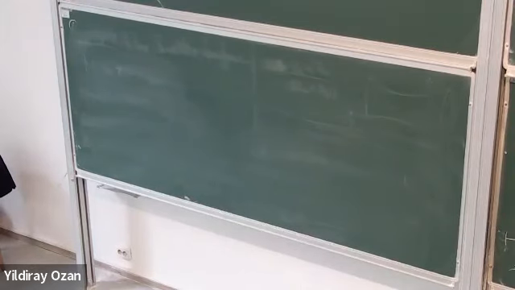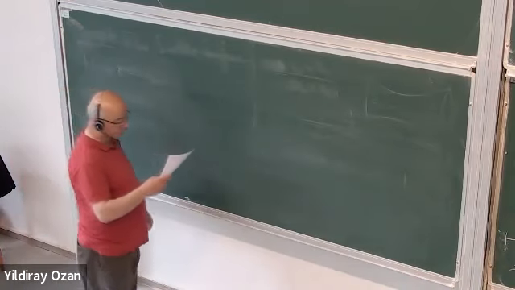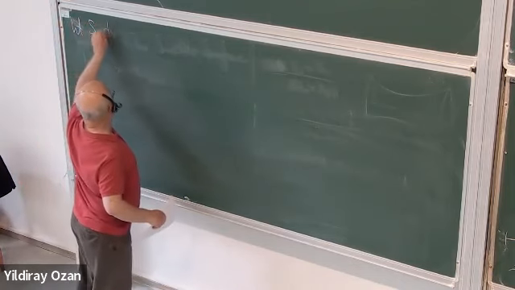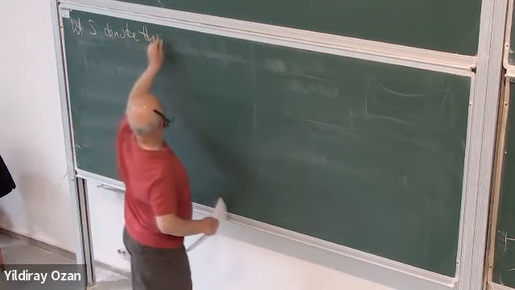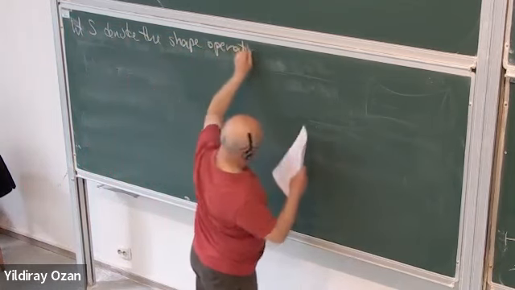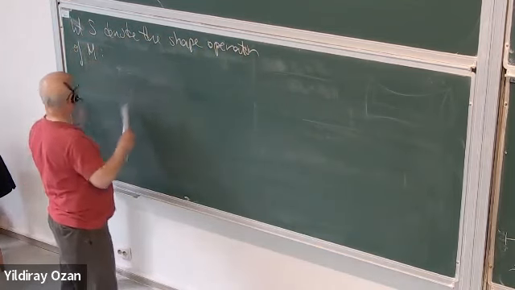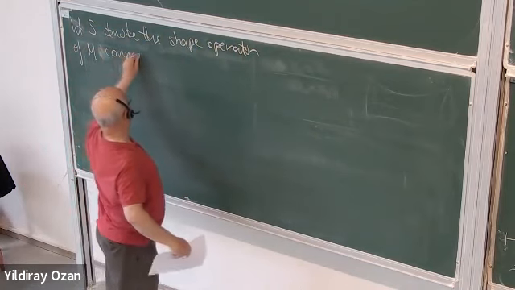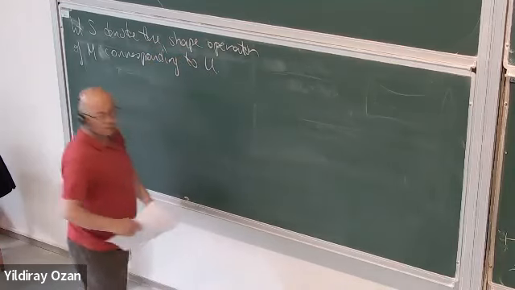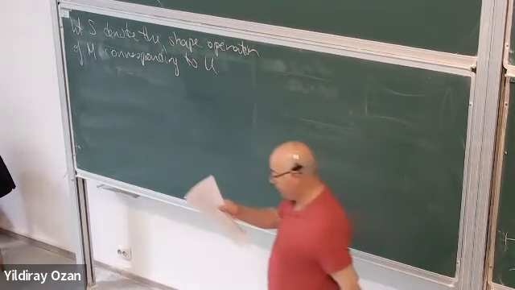Okay, now let's continue our discussion. Let S denote the shape operator of the surface M corresponding to this U. The shape operator was the derivative of the normal field, basically.